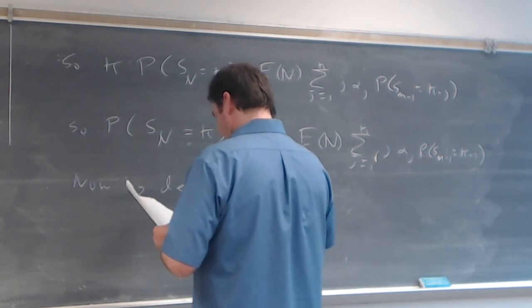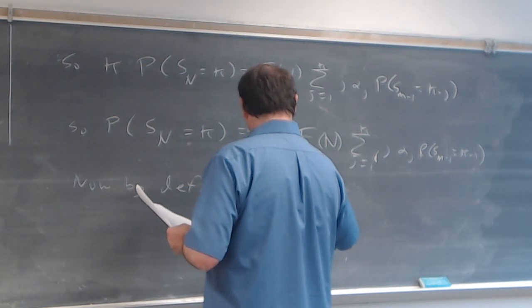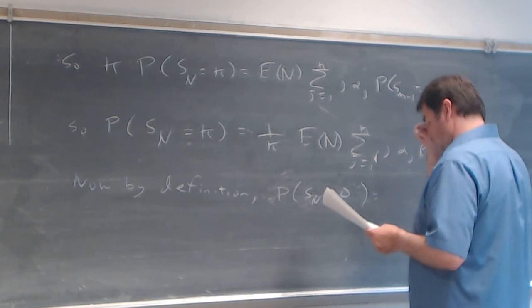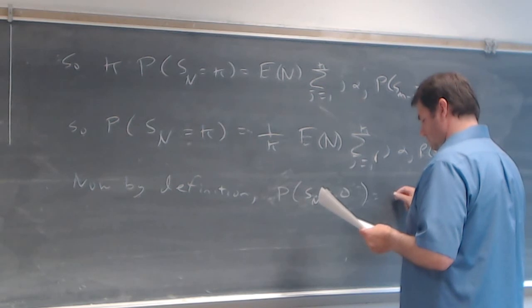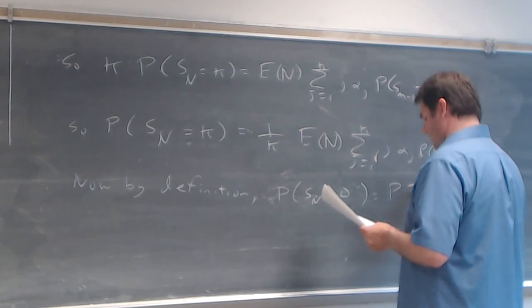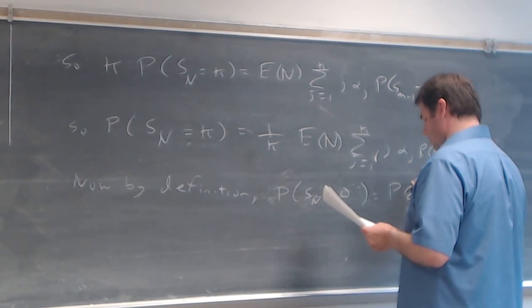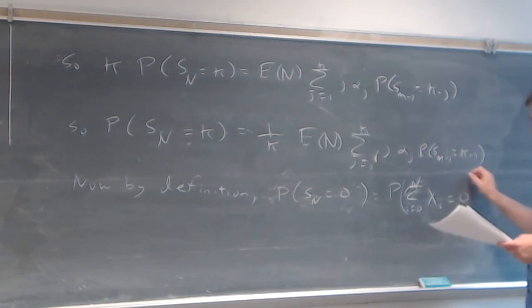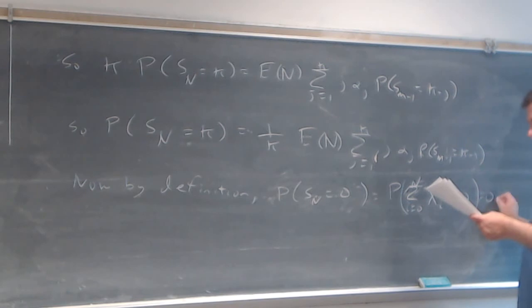Now, by definition, here's what we have. The probability that S of n equals 0 is equal to the probability of the sum as i runs from 0 to n of X sub i equals 0.